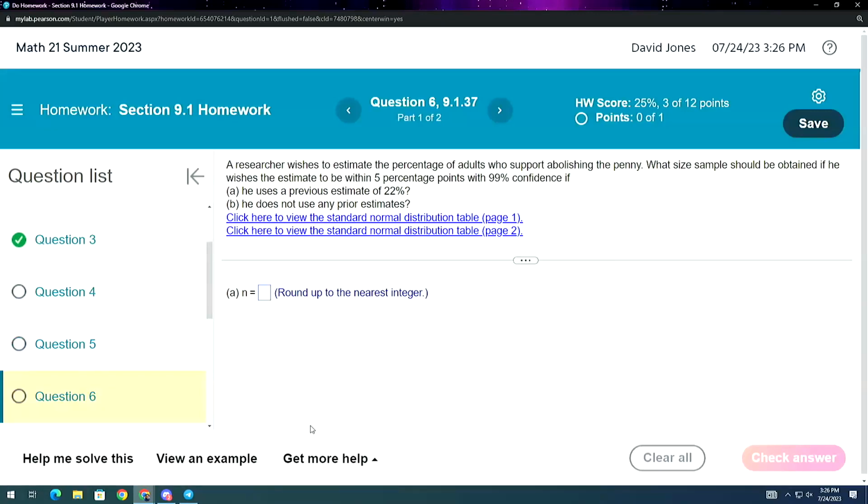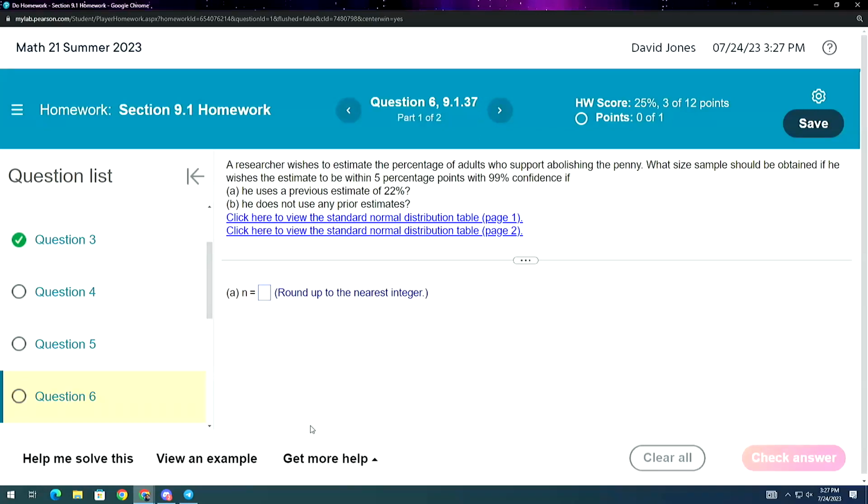It says the estimate should be within 5 percentage points with 99% confidence. And it gives us 2 scenarios. A says a previous estimate of 22%. The previous estimate is our p-hat, 22%. Part B says no prior estimates. If there's no prior estimate, you're going to use 0.50, 50%.